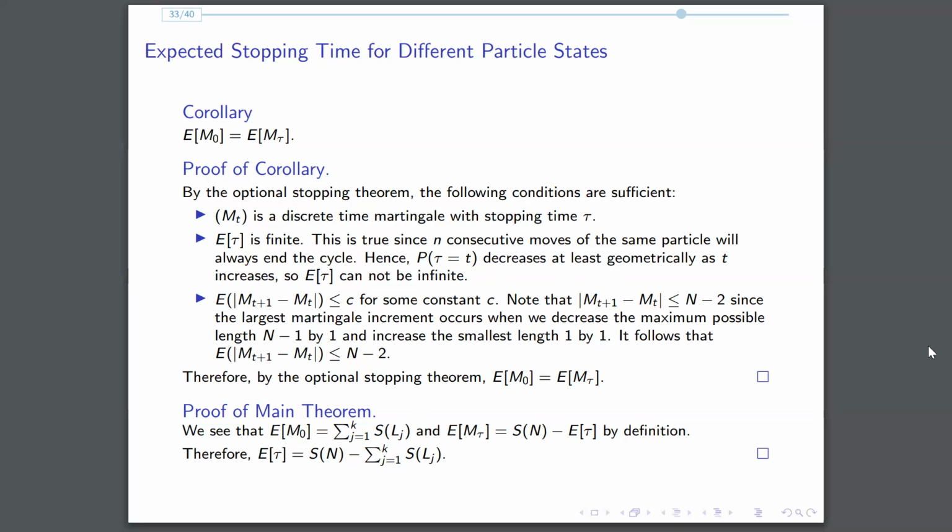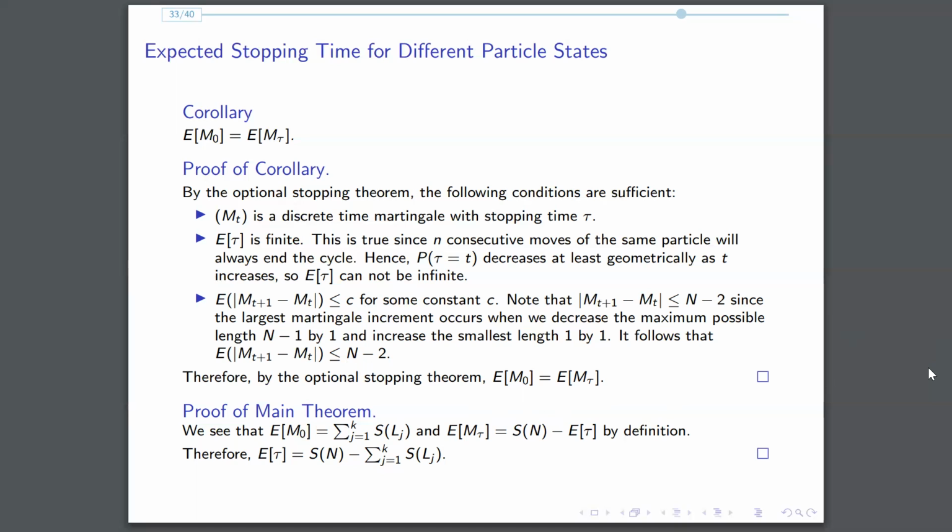In this case, the absolute value of Mt+1 minus Mt, the largest possible martingale increment, is n minus 2. And therefore, the expected value of the absolute value of the martingale increment is also less than or equal to n minus 2. Therefore, by the optional stopping theorem, the expected value of M0 is the expected value of M tau.